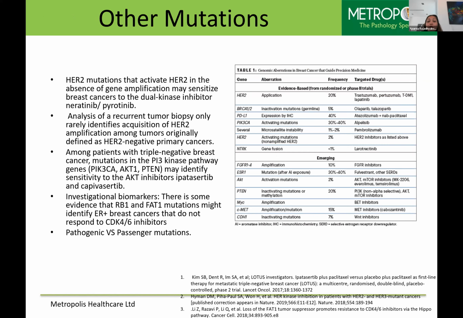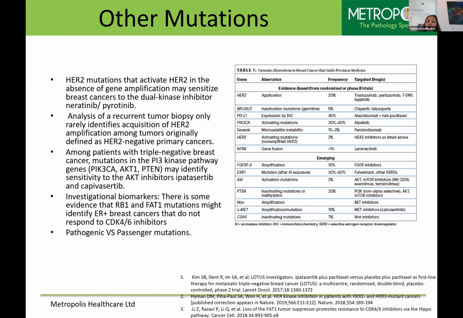And the thing to keep in mind is that if you do recurrent tumor biopsies, there are no acquired HER2 mutations. It's very rare, especially when it was HER2 negative earlier. Then among patients with triple negative cancer, we talked about PIK3CA. There's also AKT and PTEN, which should be tested because of the sensitivity to the AKT inhibitors.